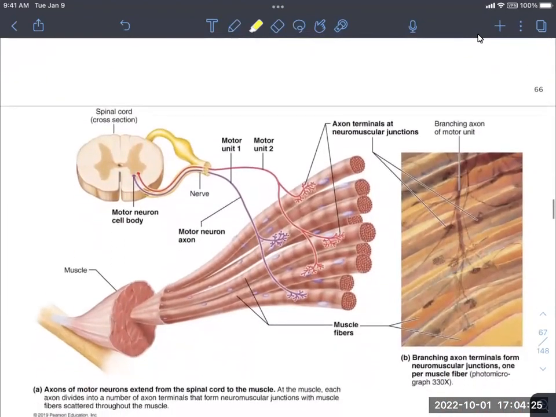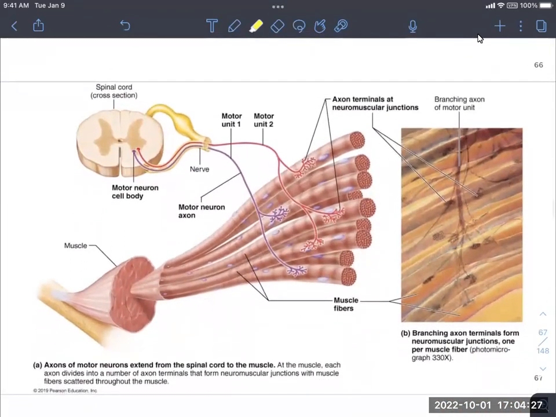But here is what I'm talking about. These nerves are coming out of your spinal cord, and they go to all these different muscle fibers throughout. We also have an electron micrograph showing how these nerves just kind of branch out and go to every single muscle fiber.